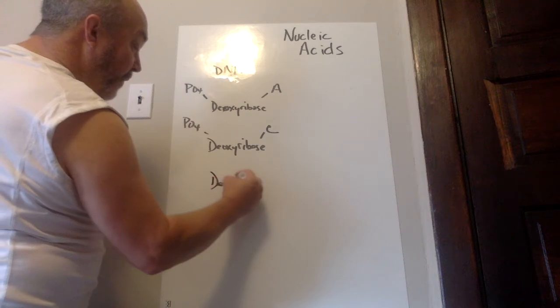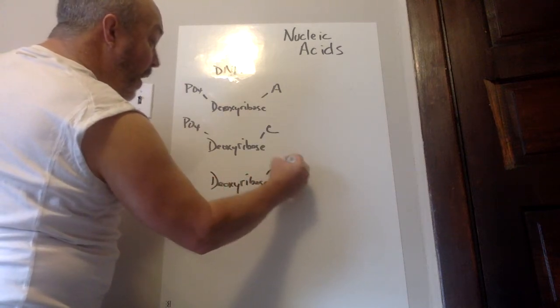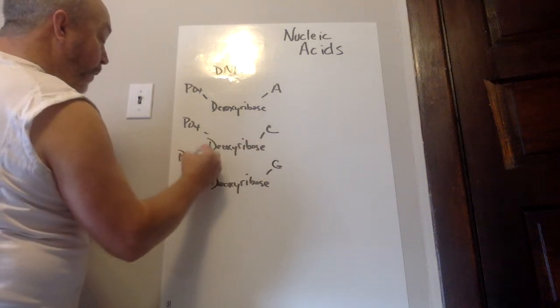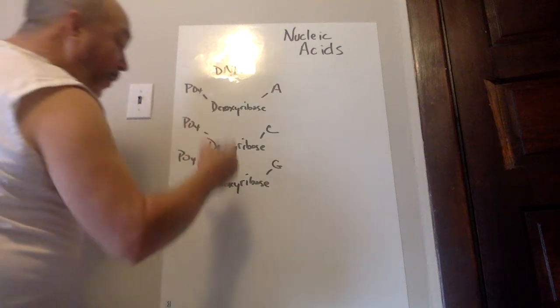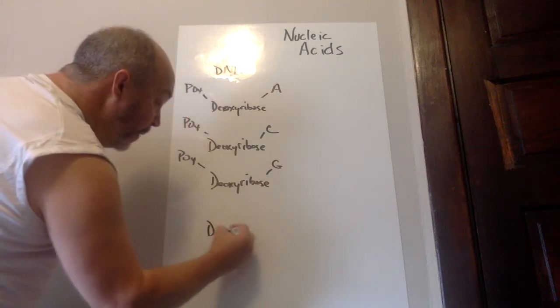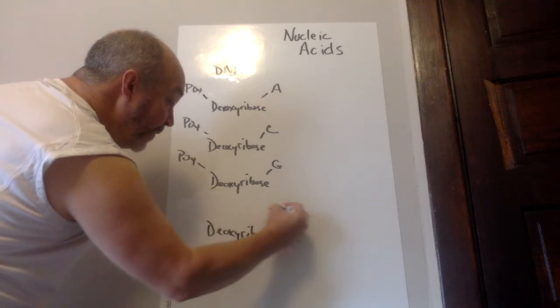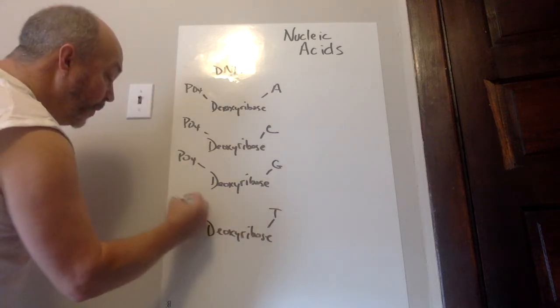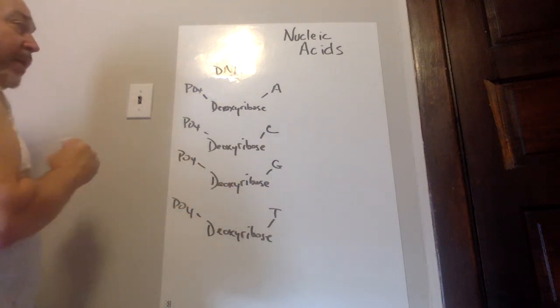Or we could have guanine on there, and that would be a DNA guanine nucleotide. Or what's the one I'm missing? Thymine. We could have thymine on there as the nitrogenous base, and this would be a DNA thymine nucleotide.